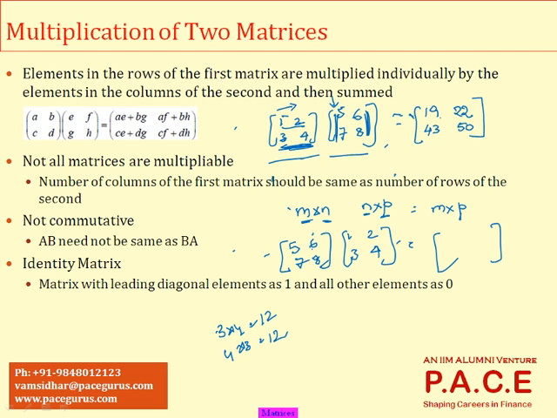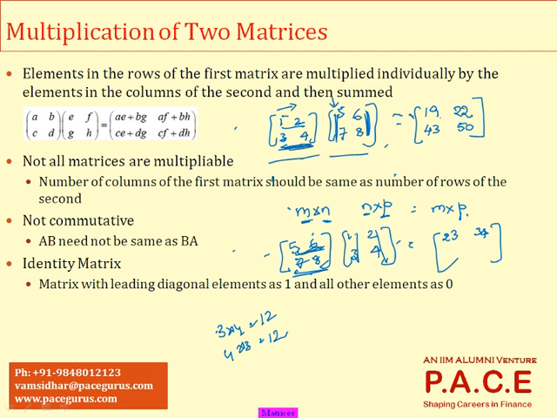Let's see here, first row, first column. 5 into 1, 5, 6 into 3, 18. 18 plus 5, 23 is the first value. First row, second column: 5 into 2, 10, 6 4s 24. 24 plus 10, 34. Alright.